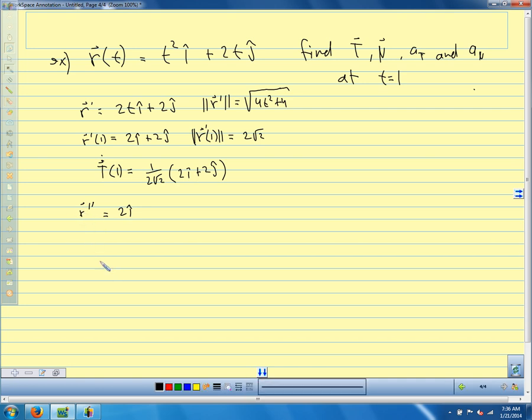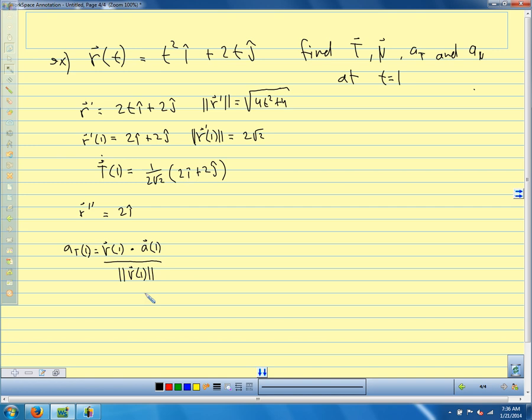So I'm going to say that a sub t, our tangential component of acceleration, is, and we want this at 1. Our velocity at 1, dot product with the acceleration at 1, over the magnitude of v at 1.